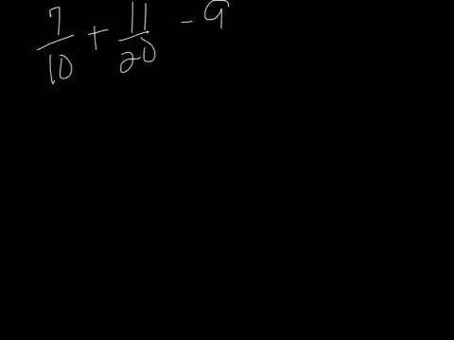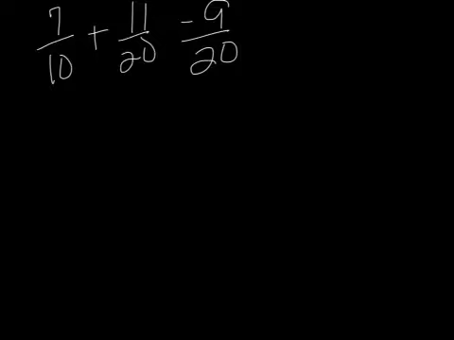Okay, now I want us to spend some time on adding and subtracting fractions. This should simply be a review. First, we are going to do 7/10 plus 11/20 minus 9/20. Now, to me, this is 3rd grade math.